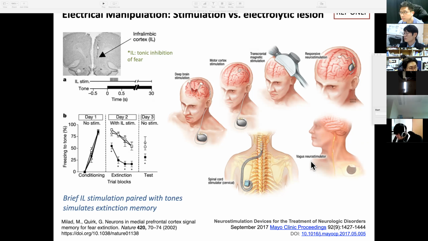And also the vagus nerve stimulator, and some people with pain can use a spinal cord stimulator. This field is still in its infancy; we do not know what happens or why it happens, but there's a huge demand for this neuromodulation.